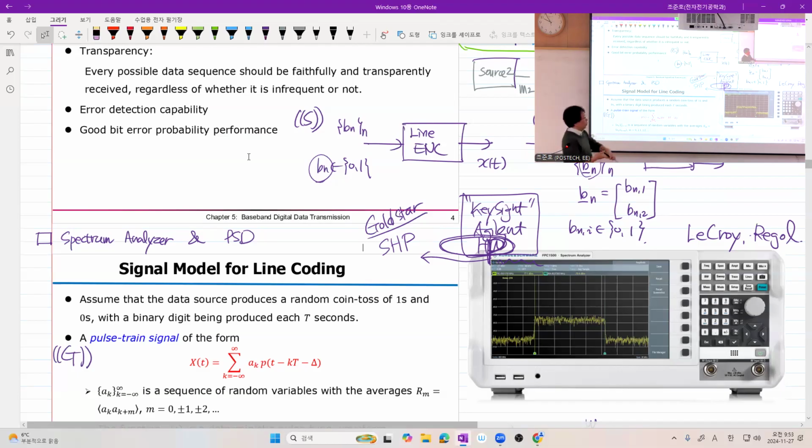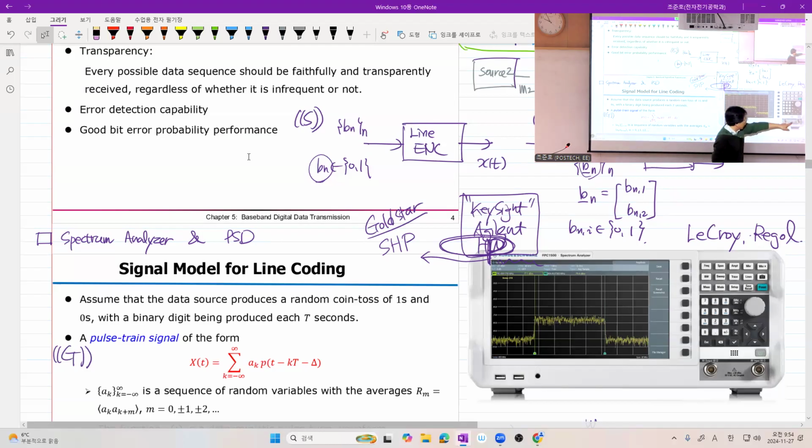Anyway, so what is a spectrum analyzer? There are many buttons, knobs, and dials, and one key is that you have a screen where the horizontal axis means frequency. So the spectrum analyzer actually measures the power of the incoming signal.